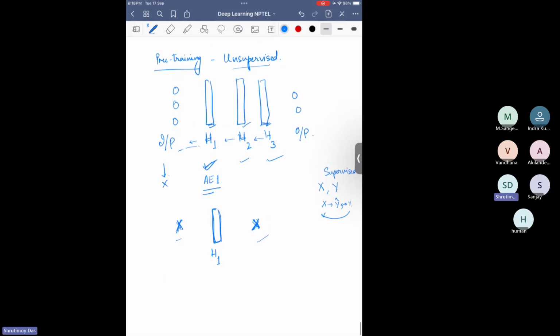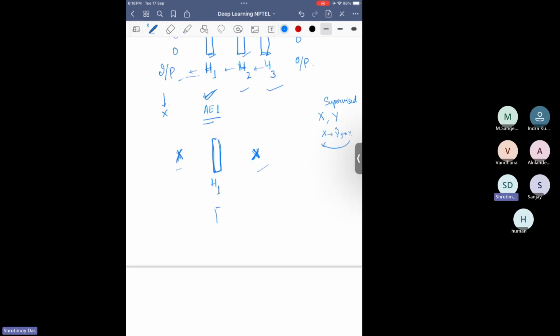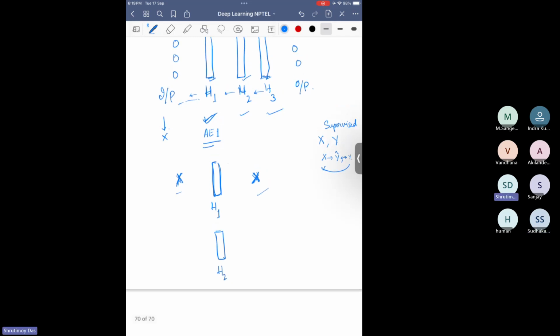Now, using this same autoencoder idea, suppose I also want to learn a good representation of H2. We know that H2 is a good representation of H1.